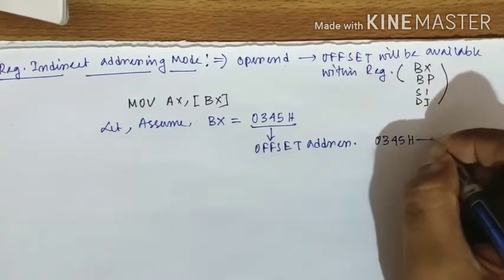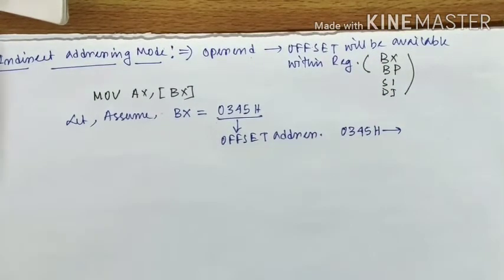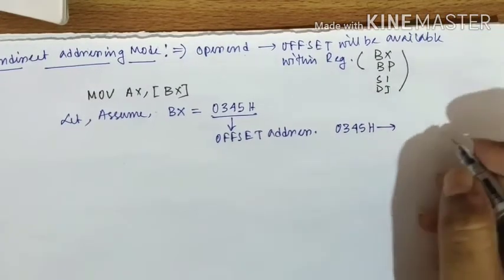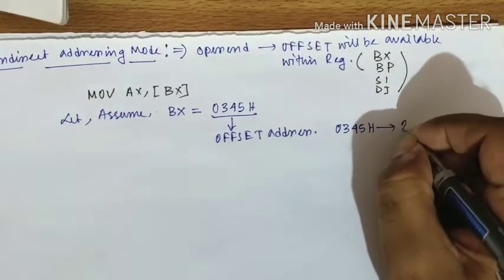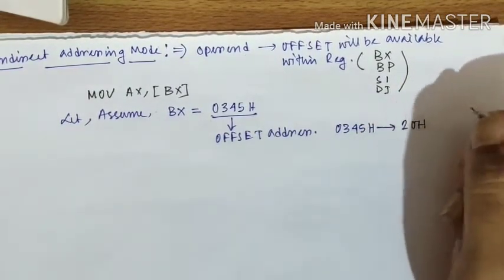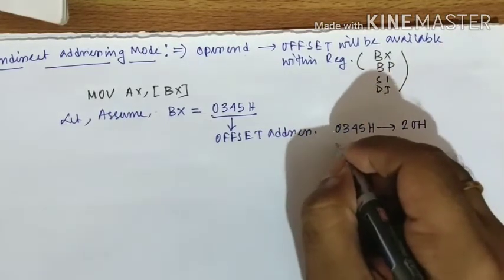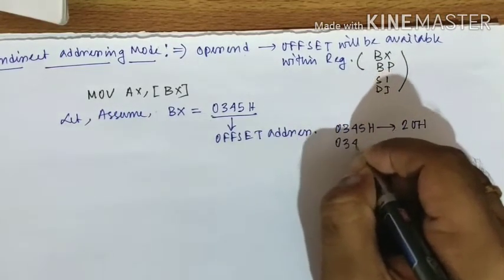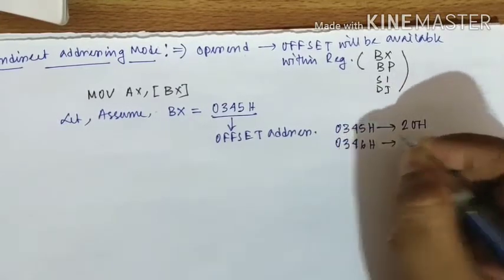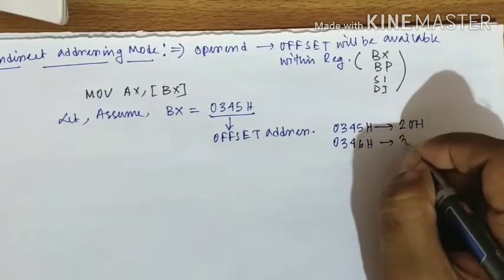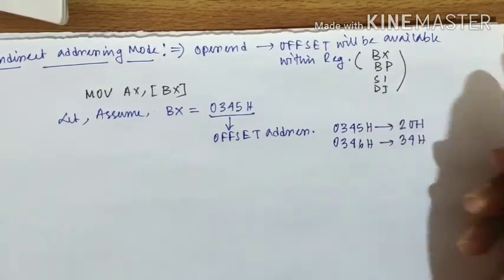So in this address we might have an 8-bit data, because all the addresses should have an 8-bit data. So assume the 8-bit data is 20 hex, and the next location, that is 0346 hex, might have another data, that is 34 hex. That is possible.